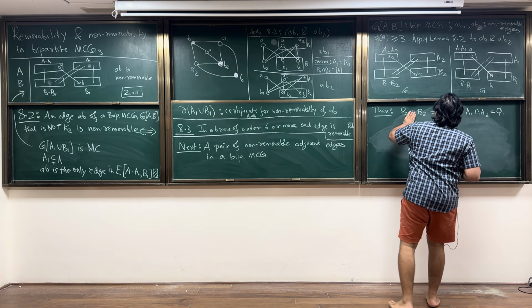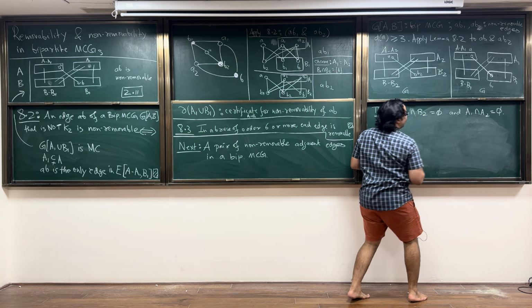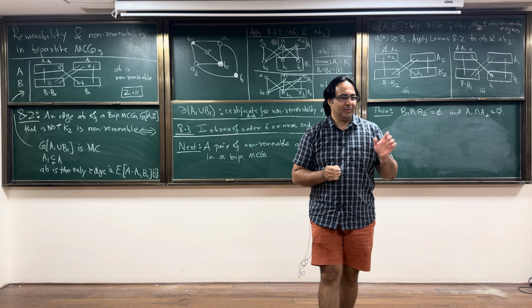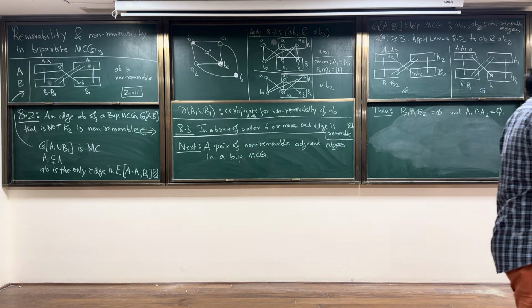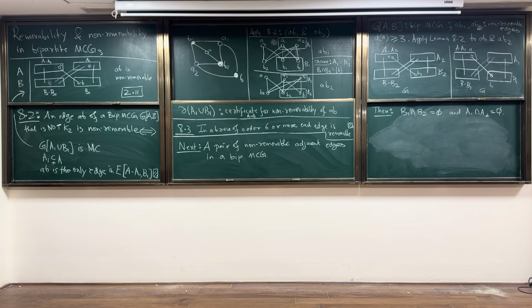Oh, sorry. Intersection. Thank you. We'll prove that both of these intersections are empty. Questions, concerns? Okay, if not, let us continue. Let's see if we can finish this and then we'll probably take a break.